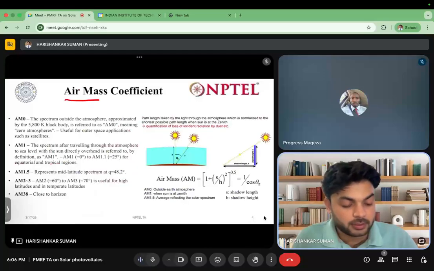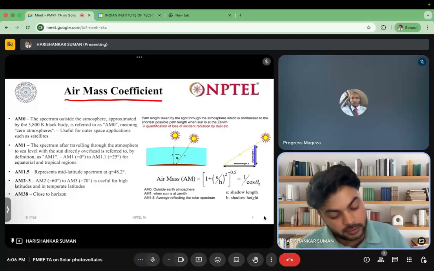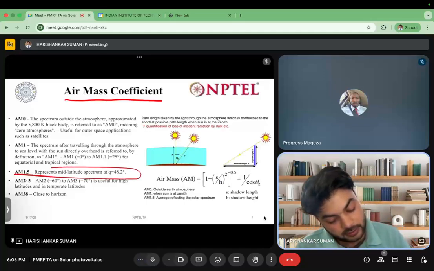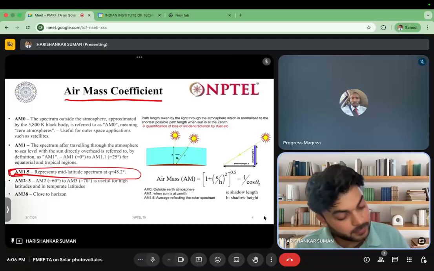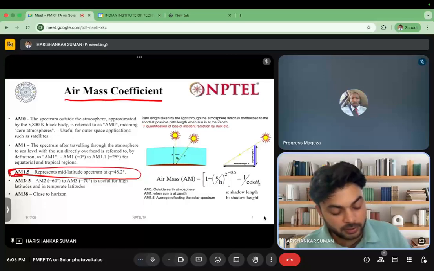Then we have discussed the air mass coefficient, why this is important to us. When we characterize a solar cell, we always, every scientific community, measure the solar cell efficiency by this AM1.5 spectrum.